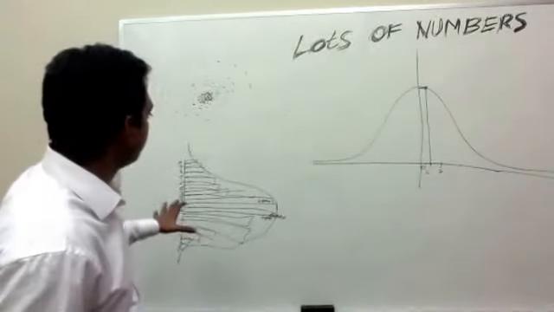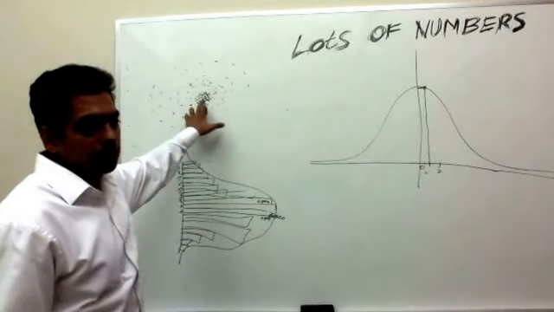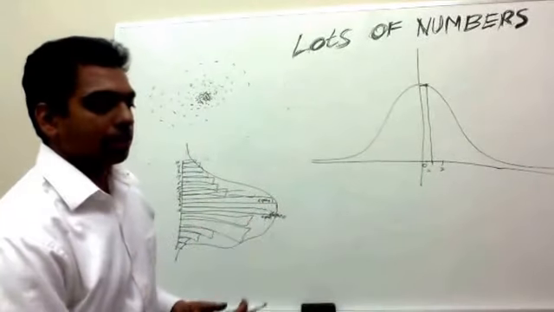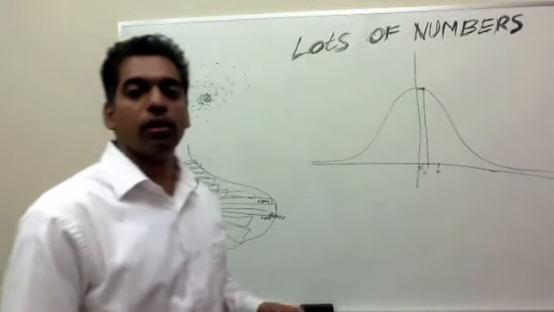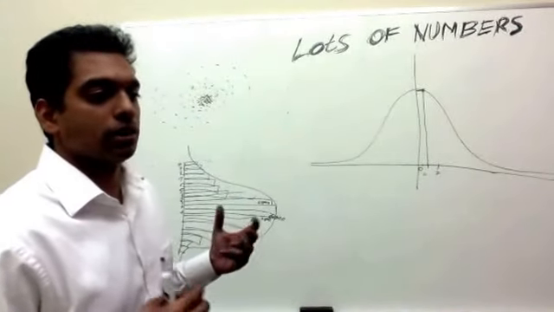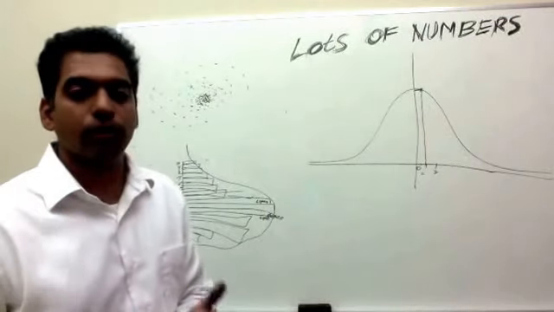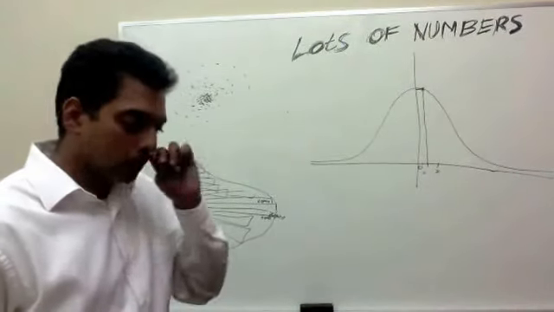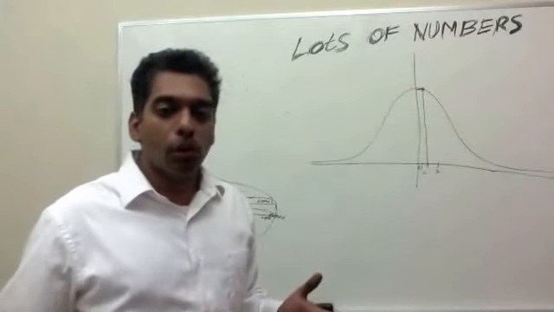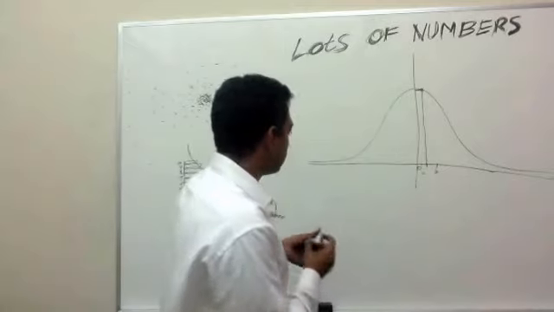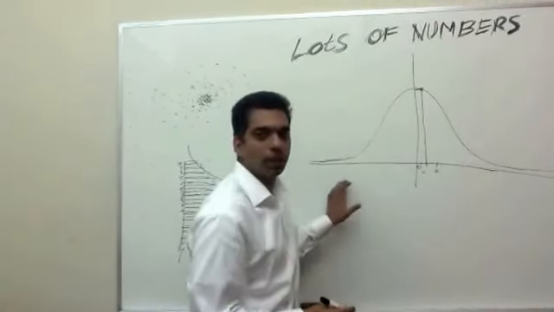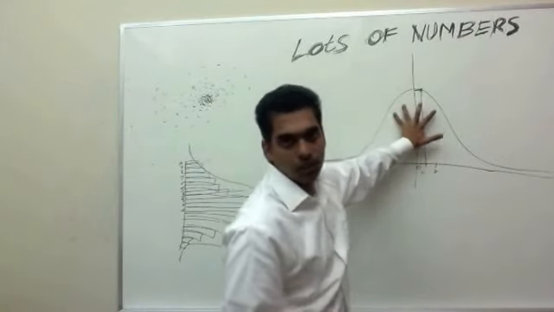When you're throwing darts, one way to look at the distribution is: how many times does your dart fall in 1 inch? How many times does it fall in the 2-inch range, or the 3-inch range, or 2 to 3, 3 to 4, 4 to 5, etc.? When you plot that, the more you do it, the smoother the curve gets. Instead of being jagged like this, it becomes smoother and smoother. After a very large number, it will look like a normal distribution.